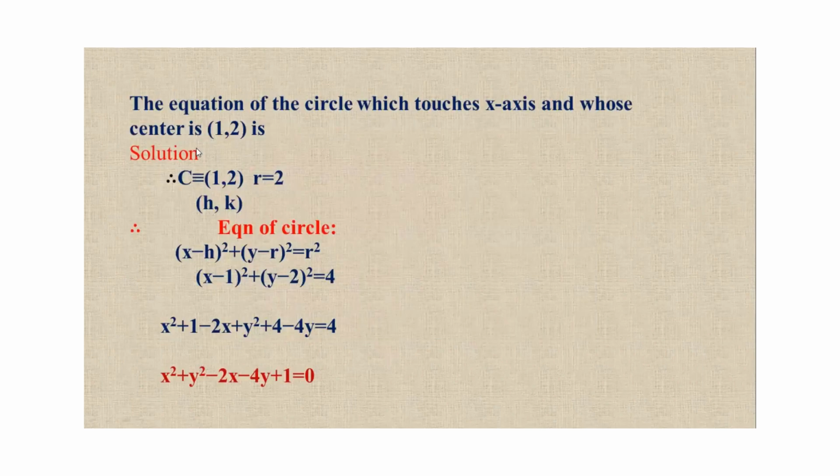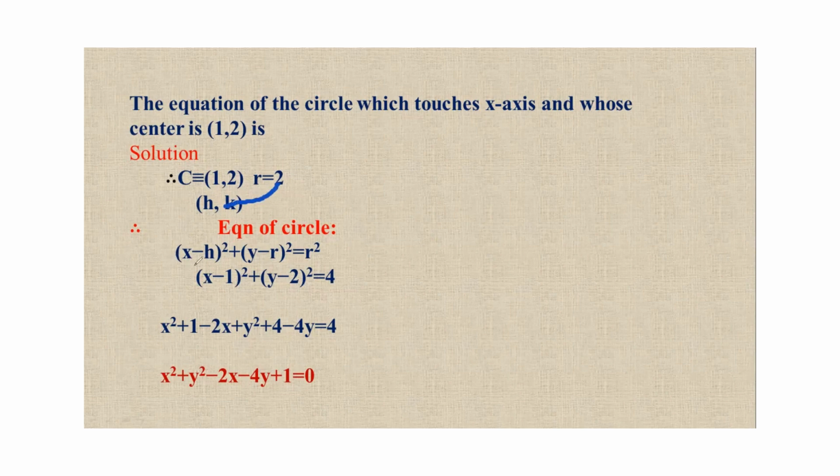Here is an example: find the equation of a circle which touches the x-axis and whose center is (1, 2). I know that when the x-axis is tangent to a circle, the value of k equals the radius of the circle.